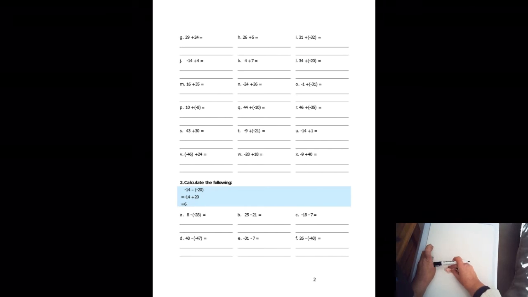If I now say minus 16 plus minus 13. The first thing I'm doing is I'm saying positive times negative, multiplied gives me negative 13.